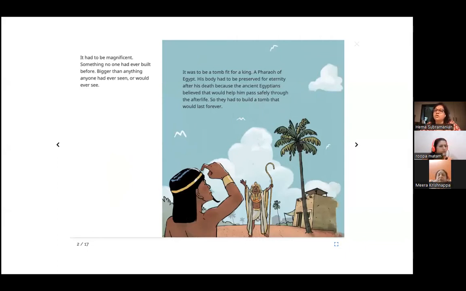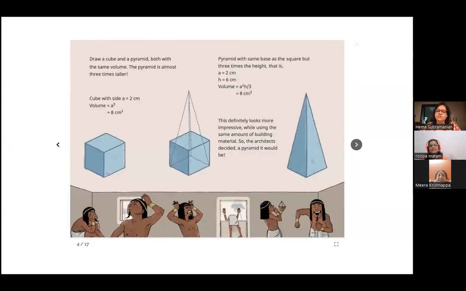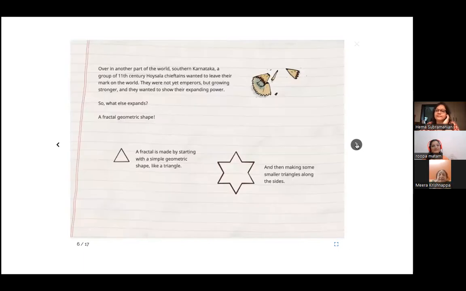It is so beautifully done because it talks about the height of the pyramid, as tall as 30 giraffes, and the volume of a cube and the volume of a pyramid, all that.